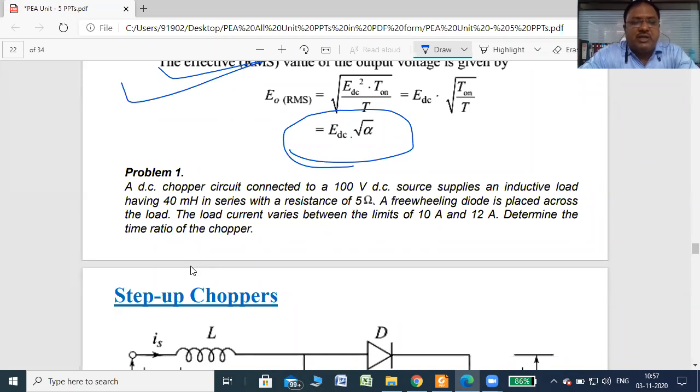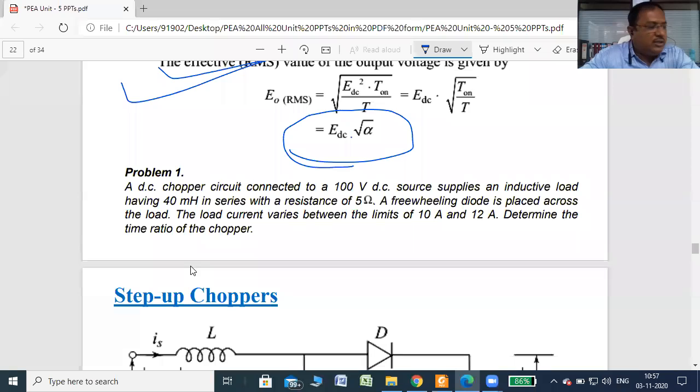A DC chopper circuit is connected to a 100-volt DC source, so EDC is given. The source supplies an inductive load of 40 millihenry in series with a resistance of 5 ohm, so R is given. A freewheeling diode is placed across the load. The load current varies between 10 ampere and 12 ampere. Determine the time ratio of the chopper.